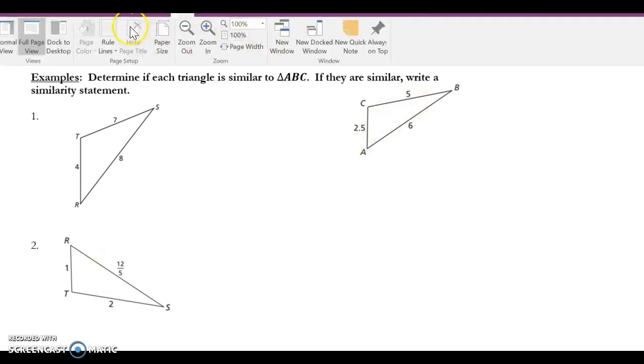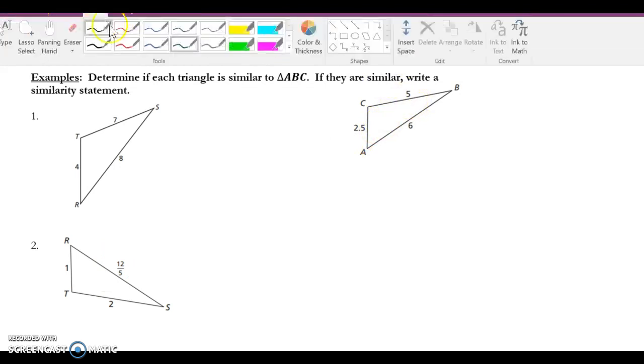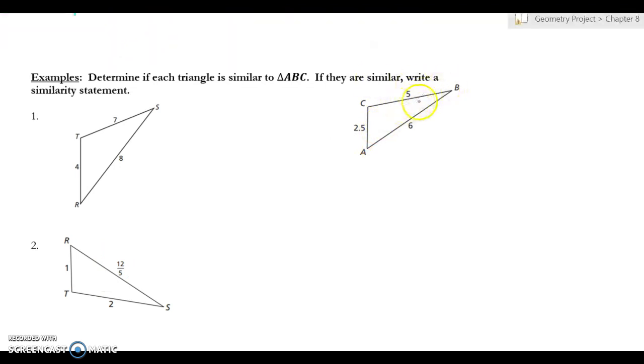If you notice on the right, all I have is three sides, so I'm going to have to do side, side, side. Now, my triangles look a little different, so this is my biggest side. So my biggest side over my biggest side. I'm going to go to my next biggest side, which is 5, which would go over 7, and then 2.5 over 4.